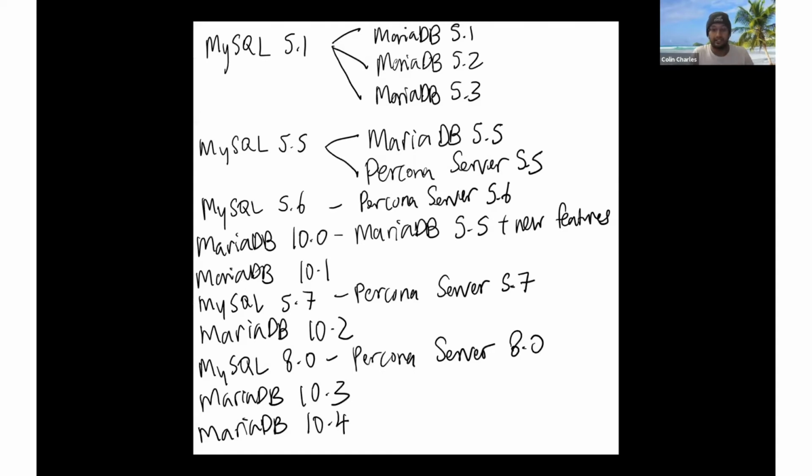For completeness' sake, yes, there was also a Percona variant of MySQL 5.1, but you'll notice that MySQL 5.1 spawned 3 variants of MariaDB, 5.3 being maybe one of the more interesting variants, where it had a lot of optimizer and replication changes.